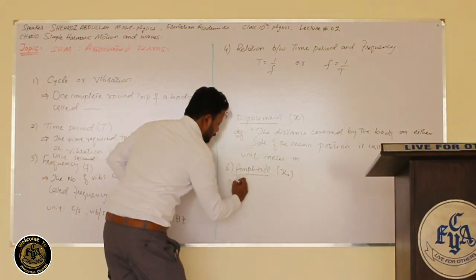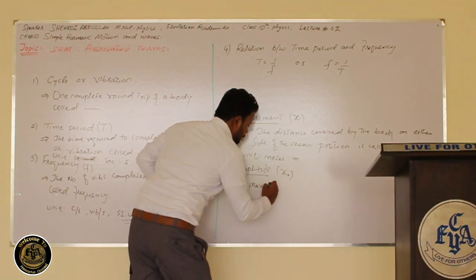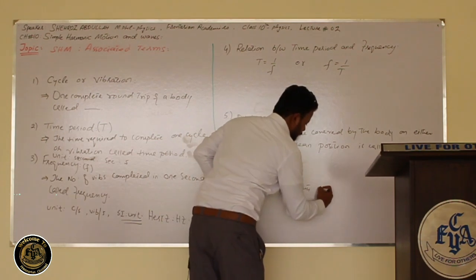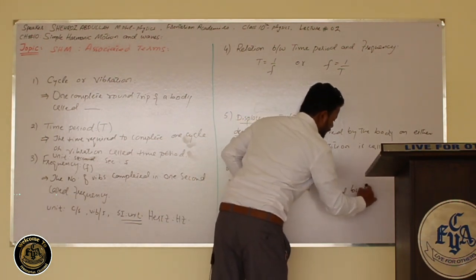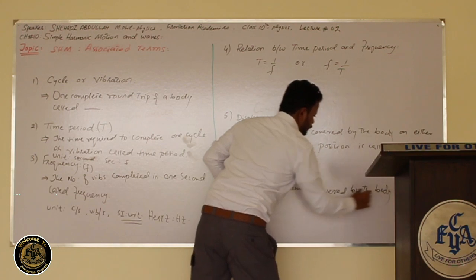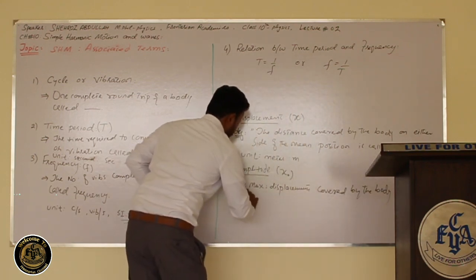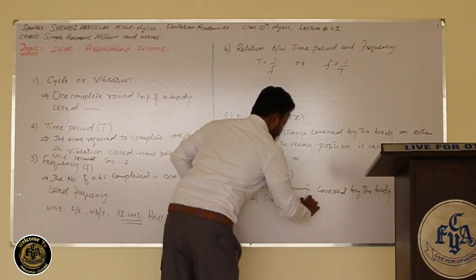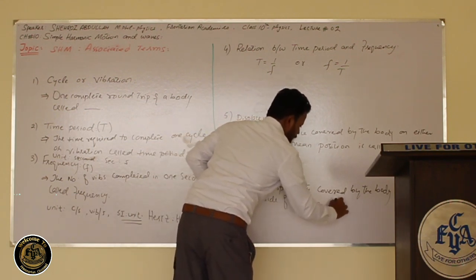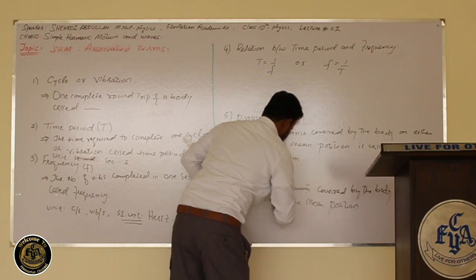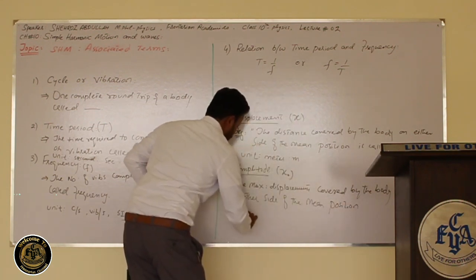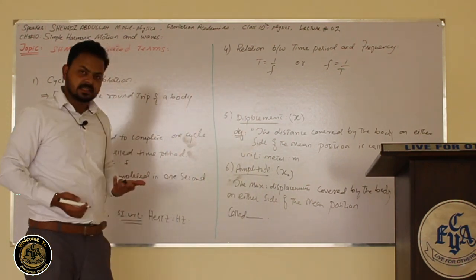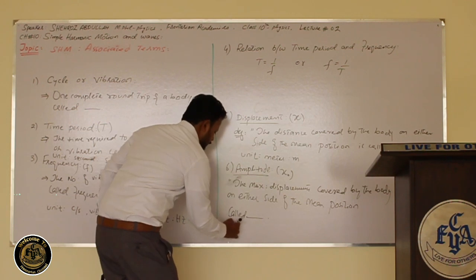So we can write that the maximum displacement covered by the body on either side of the mean position is called amplitude, and since it is also a distance, its unit will also be meter.